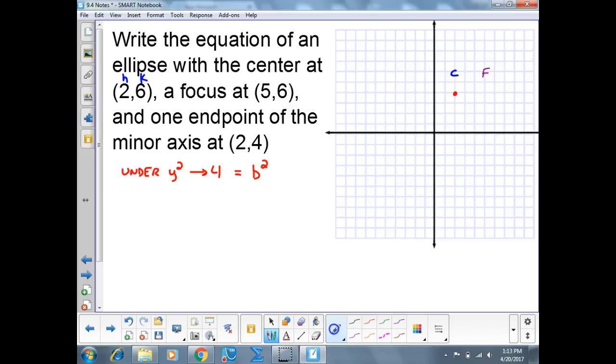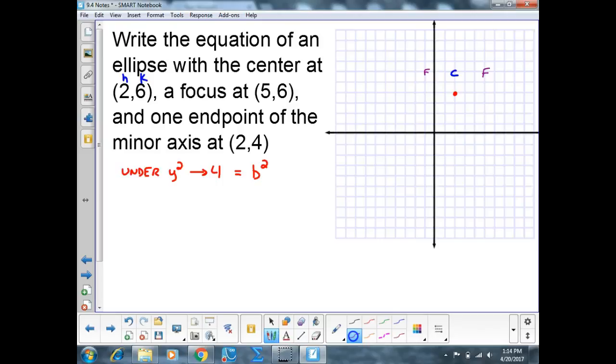Owen, do we know where the other focus is? Yeah. Is that going to help us, Owen? No. Okay, I'll put it up there for you. If you need that visual, the other focus is right there. There you go. Still didn't help you though.